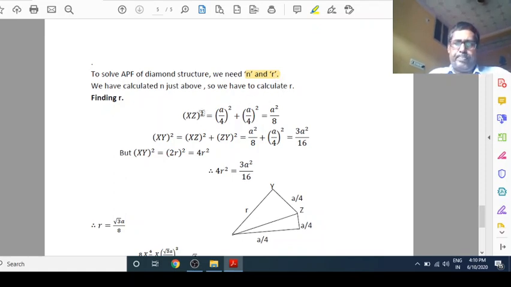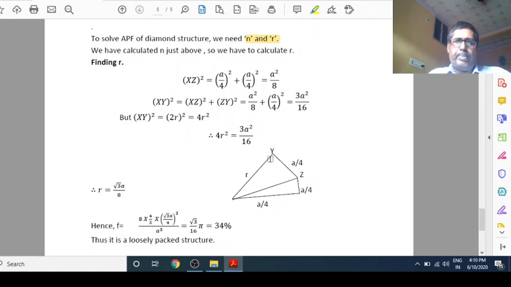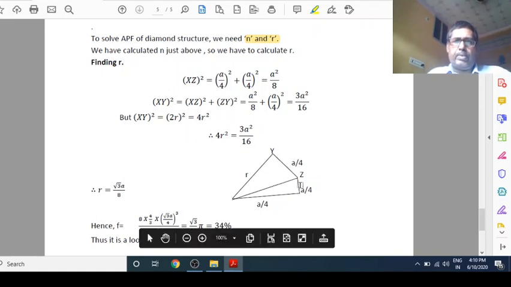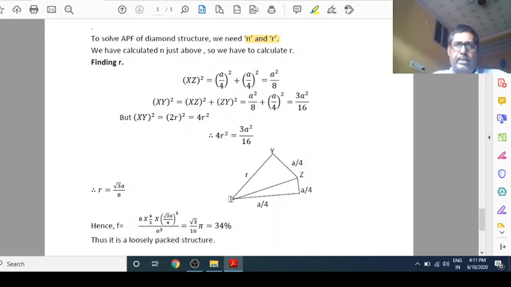Okay. To calculate r, let us see the figure. This is r, this is a by 4, this is a by 4, this is a by 4. So xz, this one is x. By mistake, it is not printed here. This one is x. So remember this one, here x. xz square is equal to a by 4 whole square, which is a square by 8.